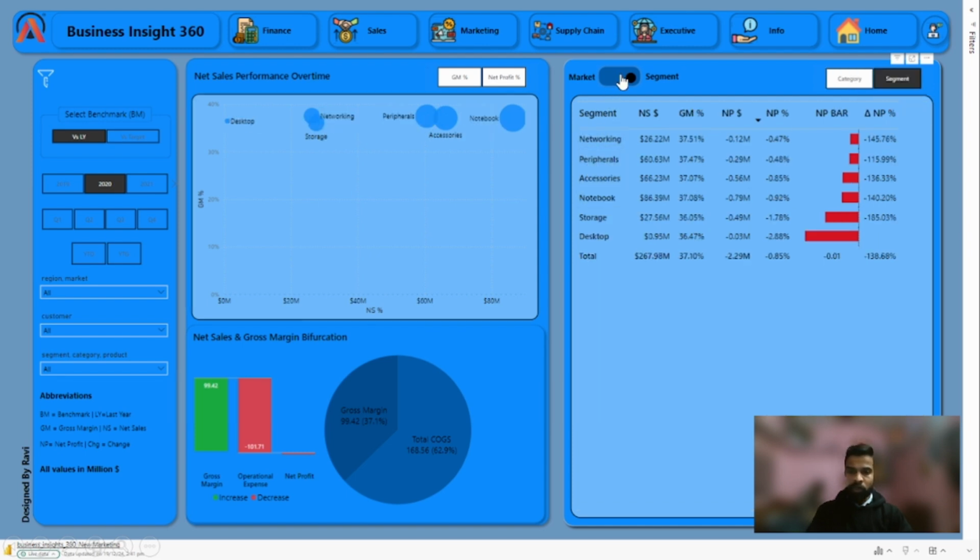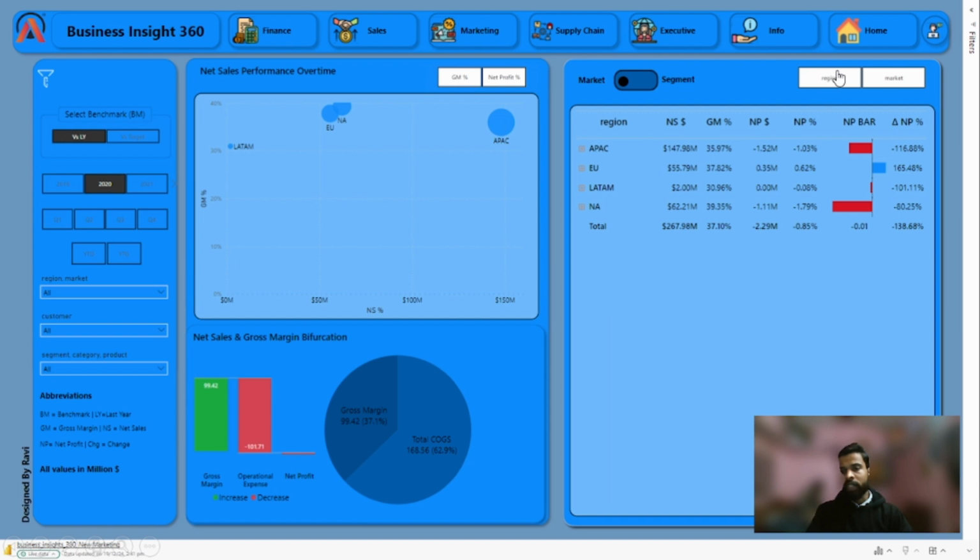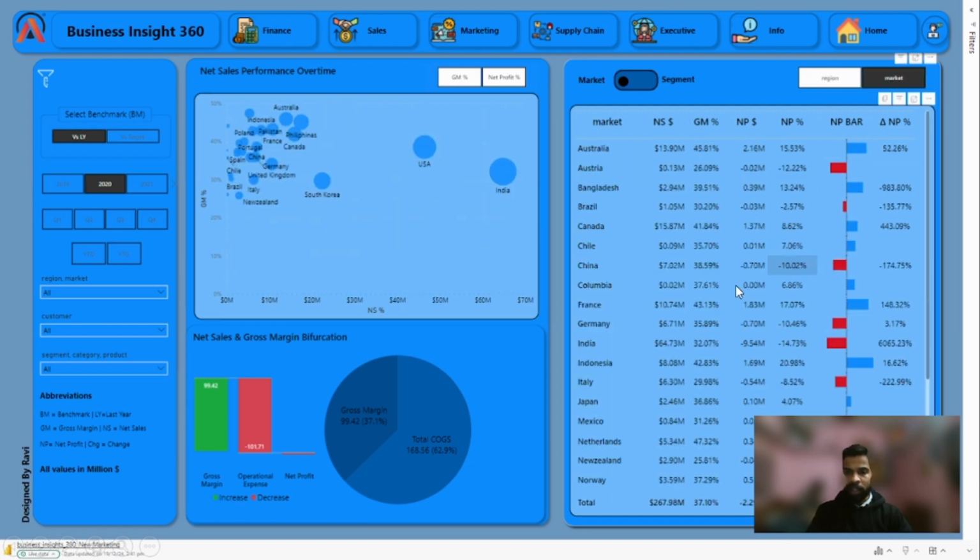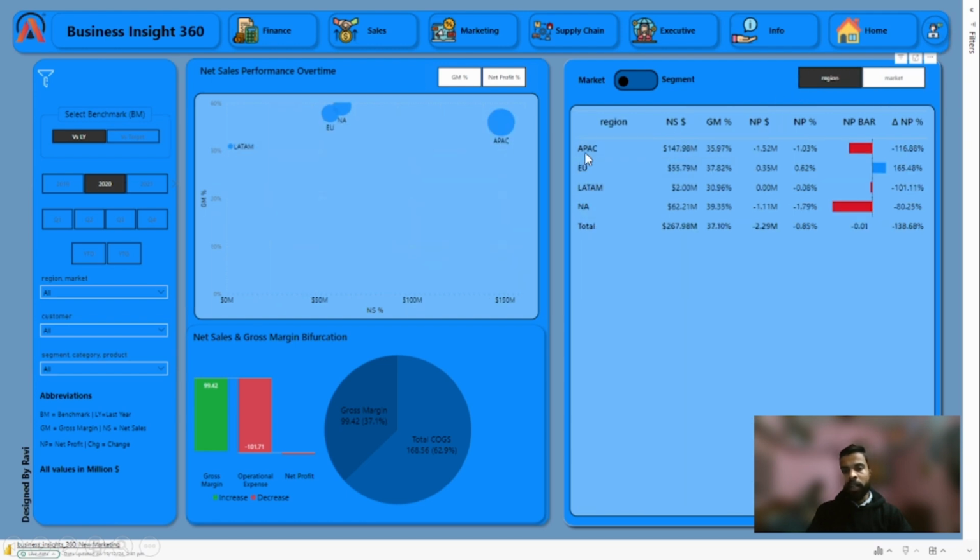If we want to switch to market, we can switch, and here we can also see by market as well, like Australia and Bangladesh, and by region as well. So here the APAC region has more net sales, and Latin America has less net sales, and gross margin is also lower in the Latin America region, at 30.96%.